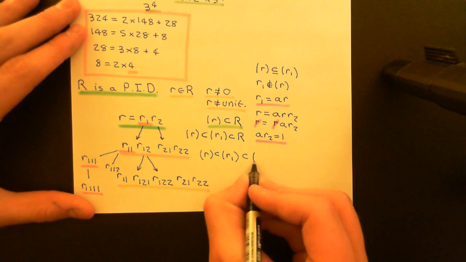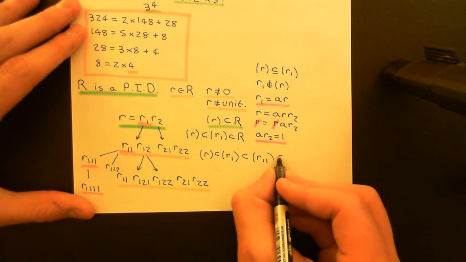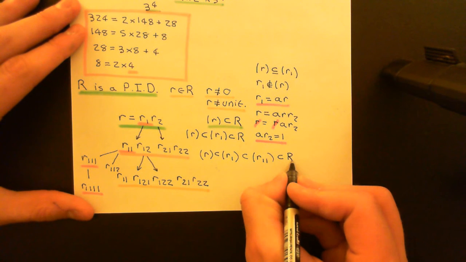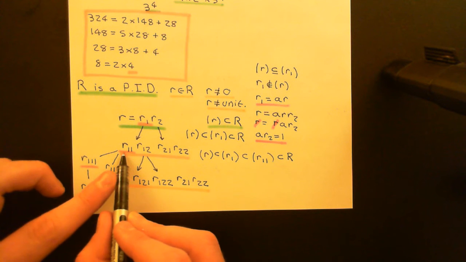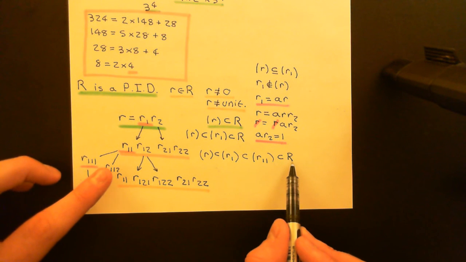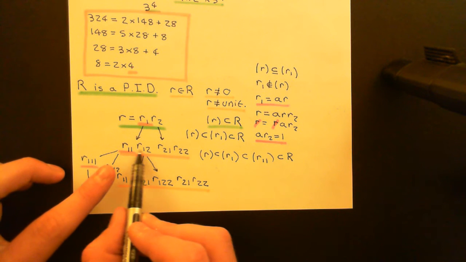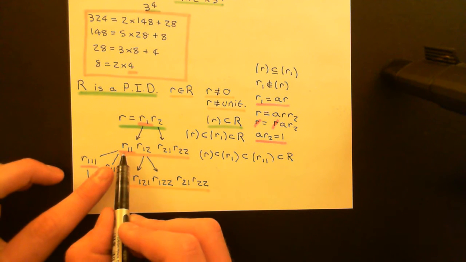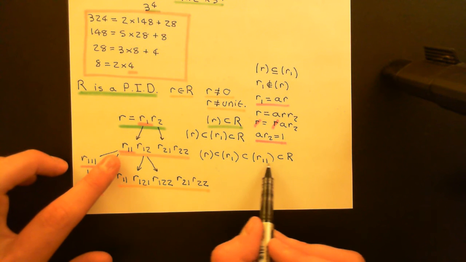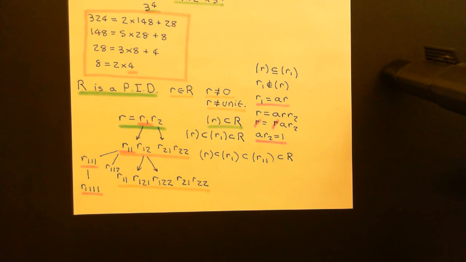So what you can now say is that the principal ideal generated by R11 is going to properly contain the principal ideal generated by R1 and is itself going to be properly contained within the ring capital R. So I've already argued as to why it must be properly contained within the ring capital R, because it's not a unit, and then because this is also supposed to be not a unit because this was supposed to be reducible, then it must be the case that this principal ideal generated by R11 must properly contain the principal ideal generated by R1.